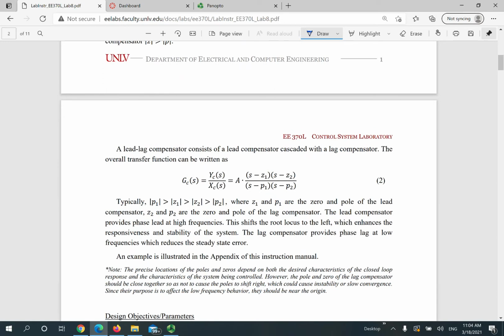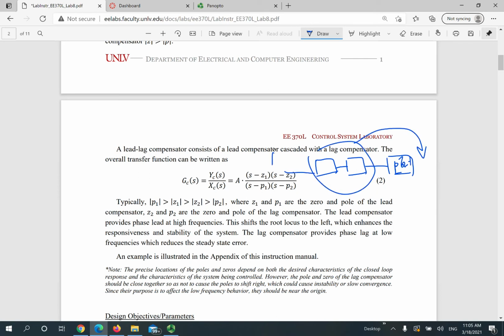And this is the cascading, or the combination, of the lead compensator and the lag compensator. They can switch positions. You can put the lag compensator ahead and the lead compensator after the lag compensator. Switching the places is like cascading the system. So this is the plant, or you can simply put this afterwards.